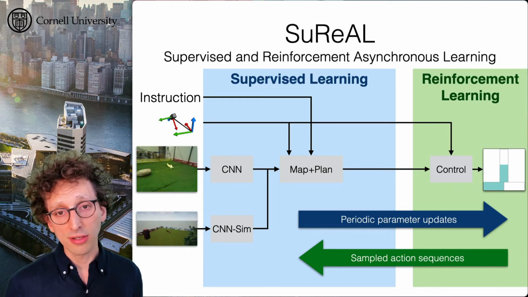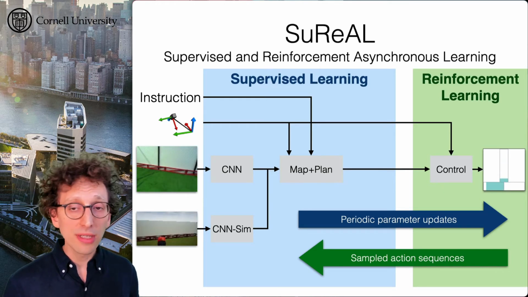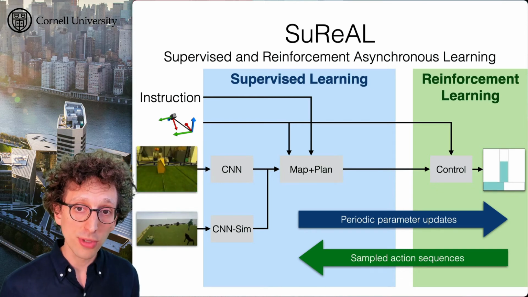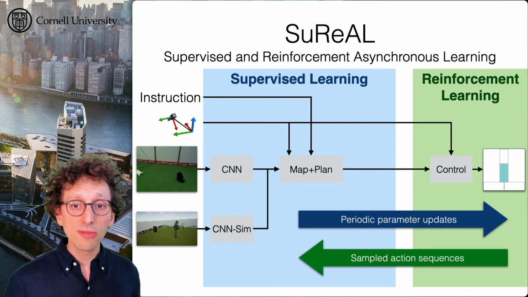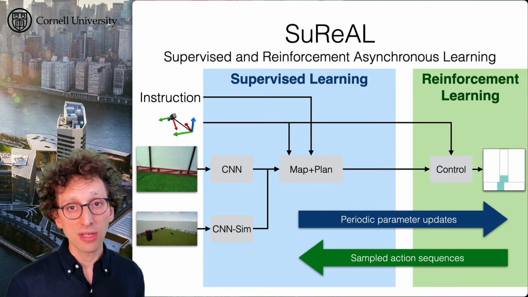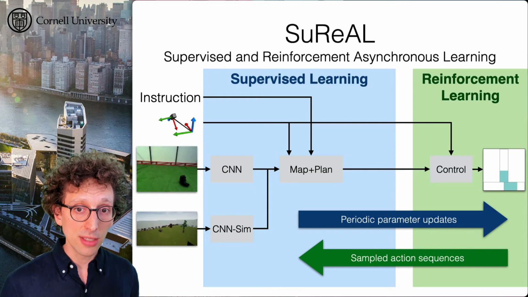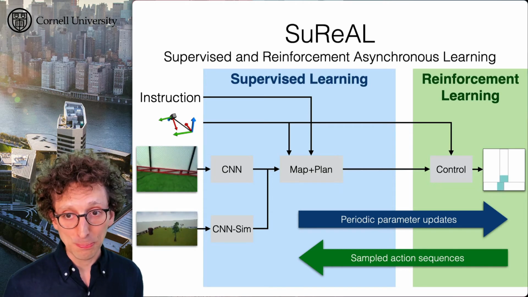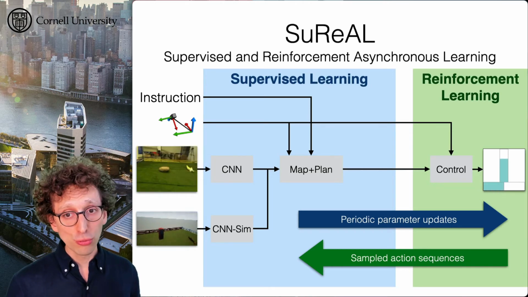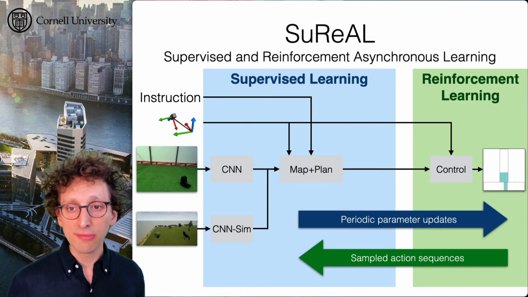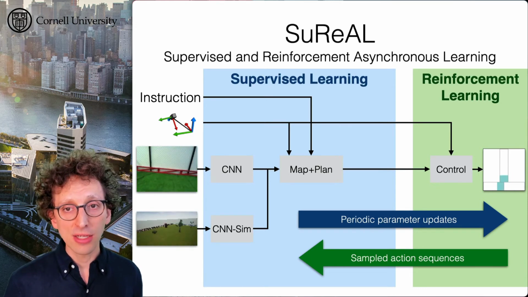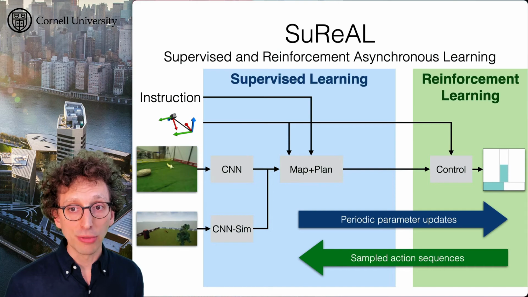One key important aspect is to jointly learn in both environments. In the supervised learning, we have two CNNs, one for the real environments and one for the simulated environment, and we use an adversarial loss to make sure that the features that come out of those CNNs are invariant depending on the environment that they are coming from. This allows us to train our model to jointly work in both environments without any autonomous flight during learning in the real environment.